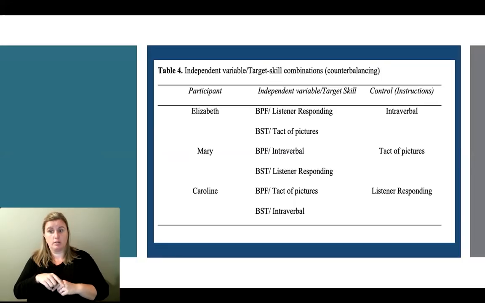BST was trained to teach tagged pictures, and intraverbals were taught using controls or typed instruction. So these were all counterbalanced across participants in order to make sure that no one skill was performed better due to other confounding factors.